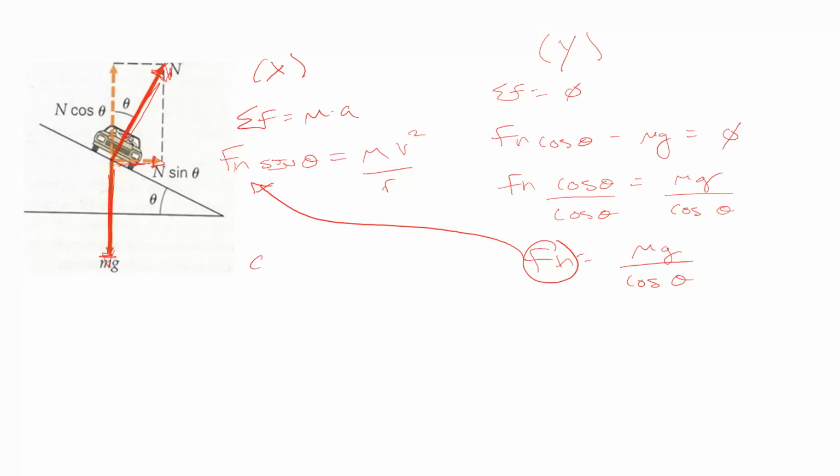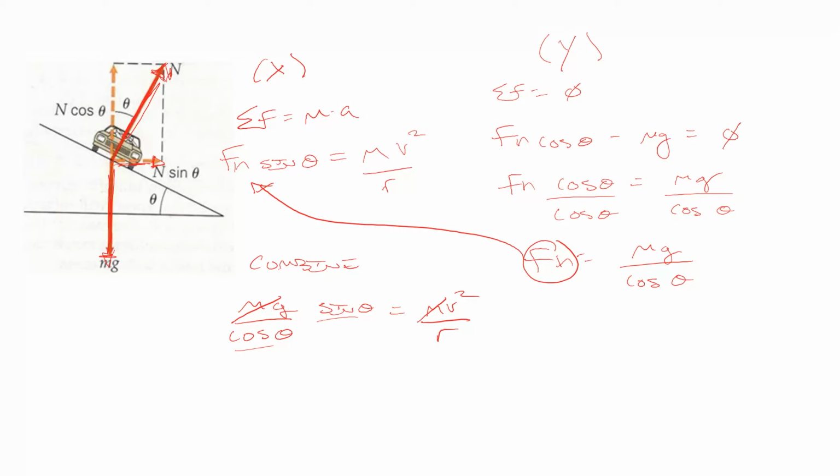So when I combine, I wind up with mg over cosine theta times the sine of theta equals mv squared over r. Now, what happens to the mass of my vehicle? Well, like most things Newton, it divides out. And what is sine over cosine?